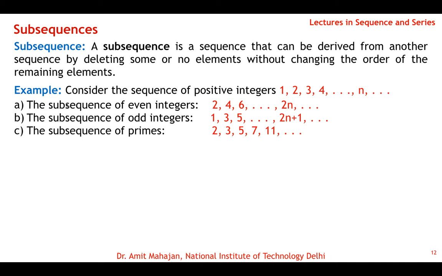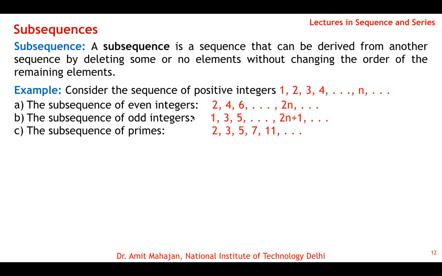The subsequence of even integers we can obtain by deleting the elements in odd positions. If we eliminate 1, 3, 5, and so on, and keep the order of the remaining elements, we get 2, 4, 6, and so on. So it's a subsequence of the positive integers.